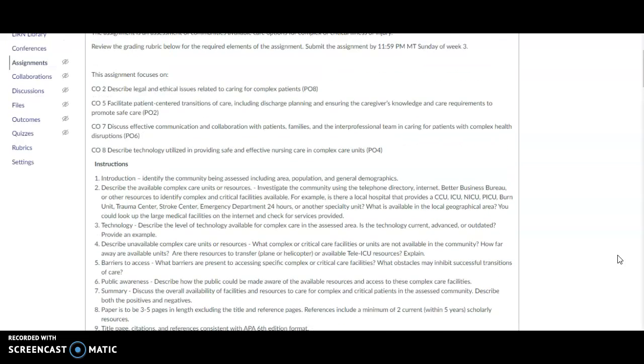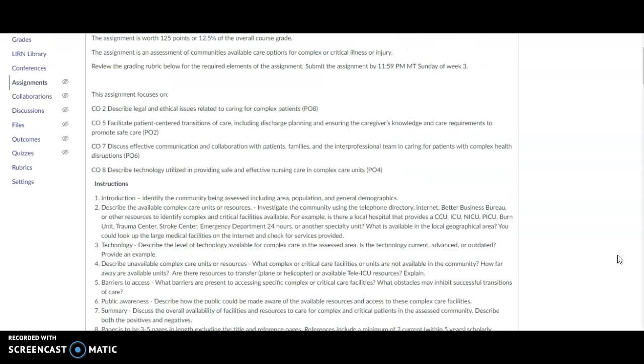So to write this paper, you're going to pick a community or area. A community is usually the best. Many people pick where they live, but you could also choose a place where you might want to live, where your parents might live, someplace you're interested in. Definitely stick to a community, not anything larger, because it gets hard to meet the criteria if you go too big.